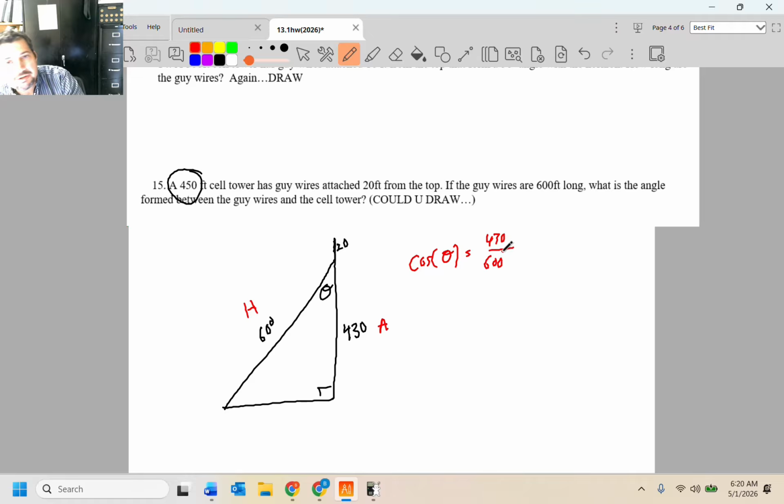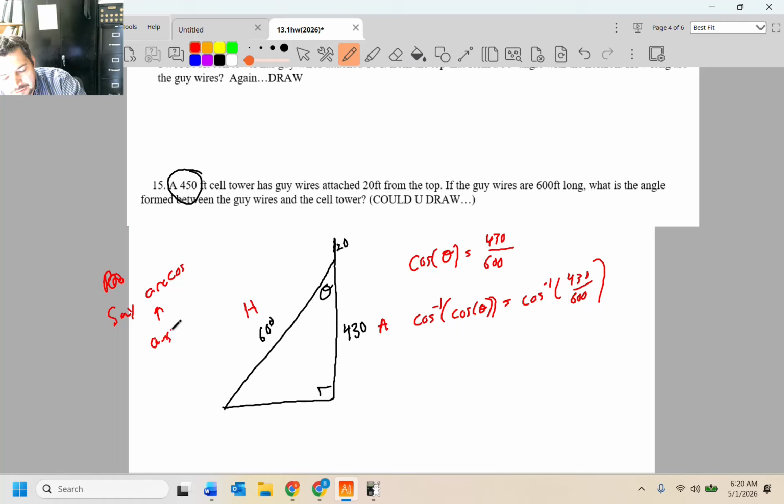You could reduce the fraction if you wanted to, but you don't have to. Now, the opposite of cosine is arc cosine, so we take the arc or inverse cosine on both sides. A lot of teachers will say inverse cosine. I'm more a fan of arc cosine. I say arc cosine, arc being angular. Angular cosine is what I'm actually doing.